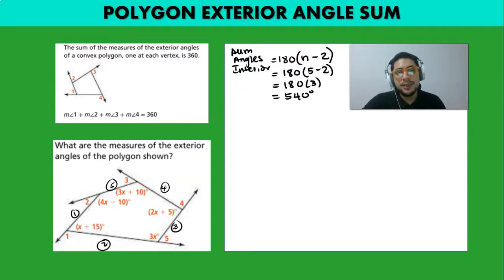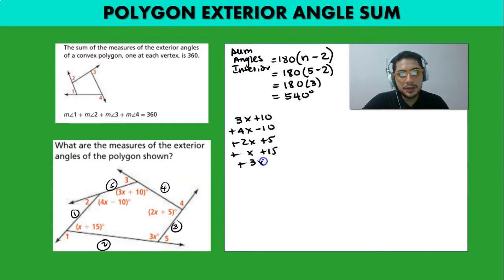So we have 3x plus 10 plus 4x minus 10 plus 2x plus 5 plus x plus 15 plus 3x, right? And that is going to give us a total of plus 20, and then 3 plus 4 plus 2 plus 1 plus 3 is going to give us a total of 13x.